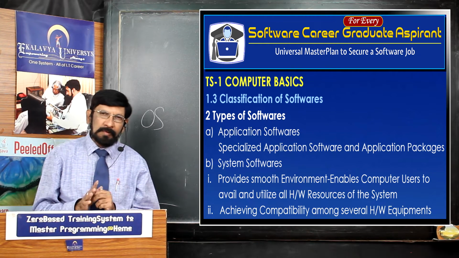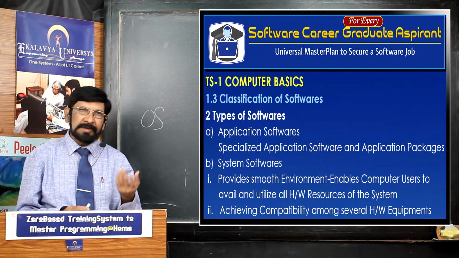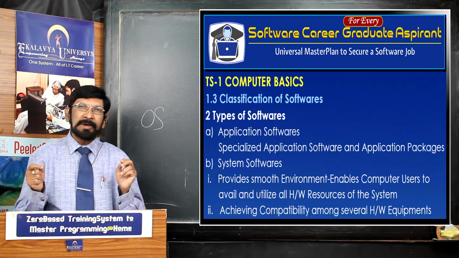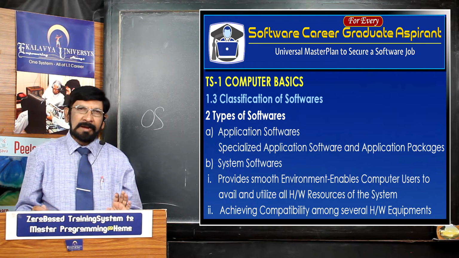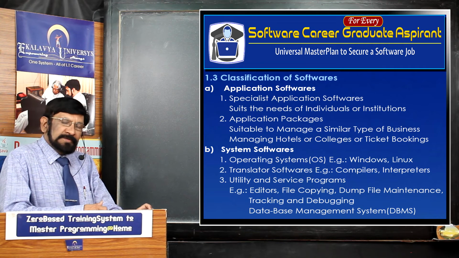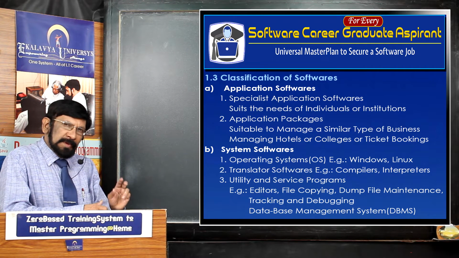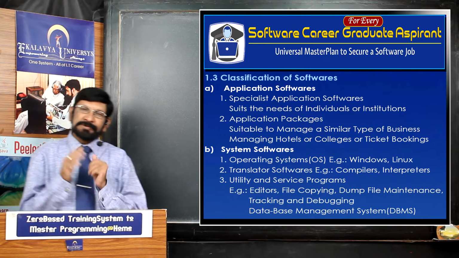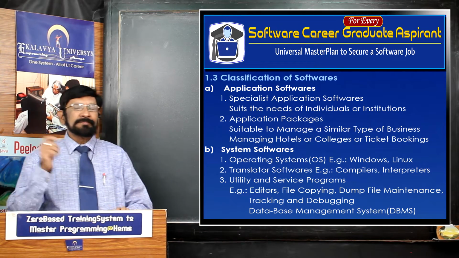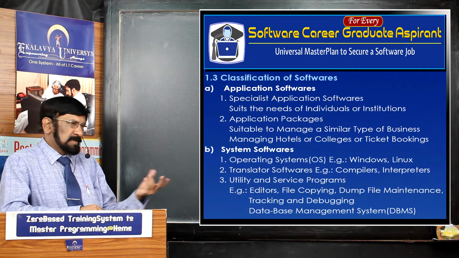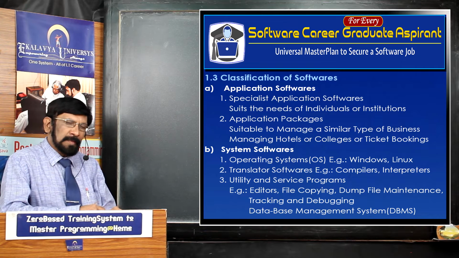So now, after a basic understanding of application softwares and system software, I explain their classification and purposes. Now, application softwares can be classified into two groups: specialist application software and application packages. Specialist application software means, with my own example I tell you.